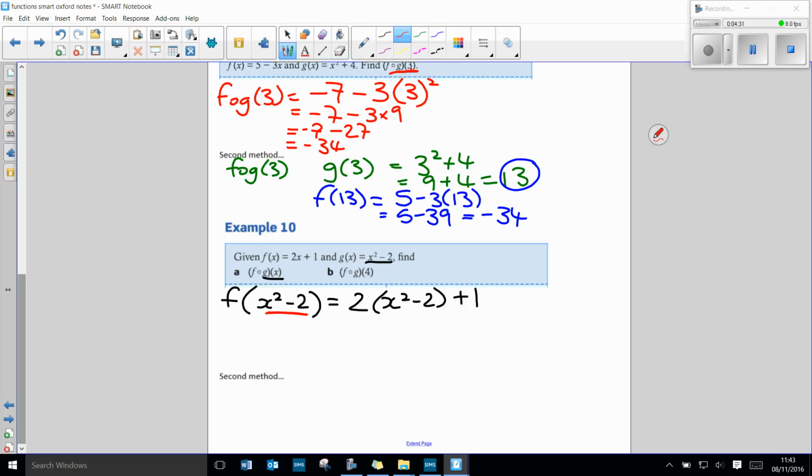Write it down and substitute this expression here in place of this x to give us this. Expand that out. 2x squared minus 4 plus 1, 2x squared minus 3.